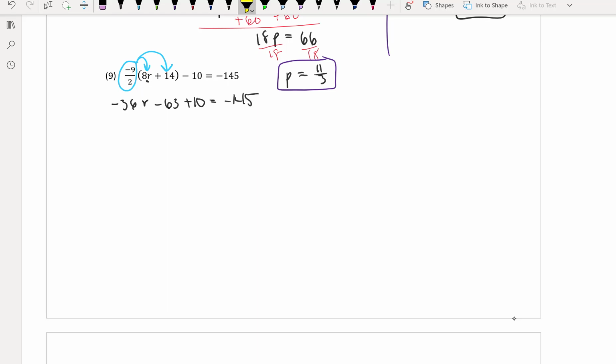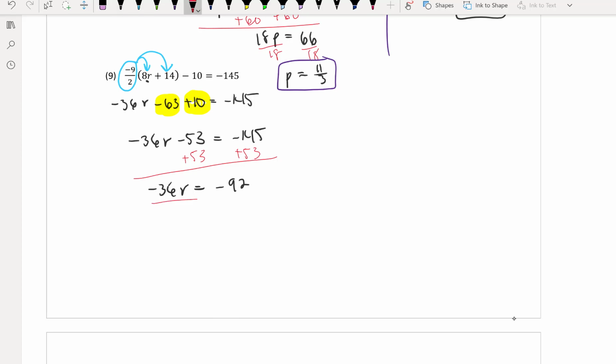Now I can combine like terms, so I have a negative 36r, and I have a negative 63 plus 10, which is going to give me a negative 53, is equal to a negative 45. Add 53 to both sides, so that negative 36r is equal to, and now you can calculate negative 145 plus 53 to give you a negative 92.